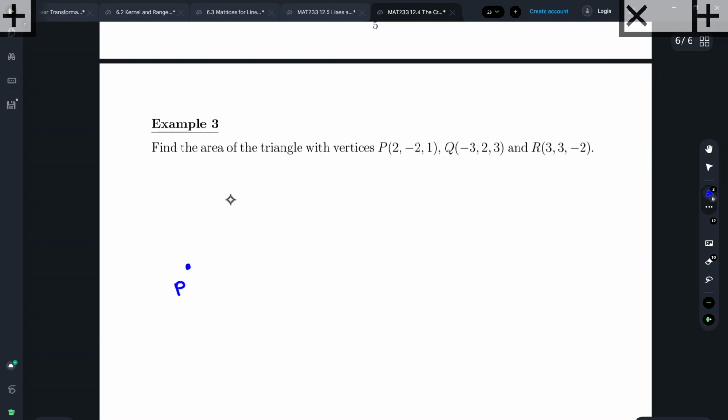The three points form the vertices of a triangle, and that's the area we're interested in.